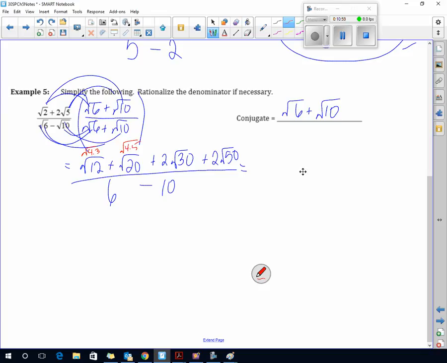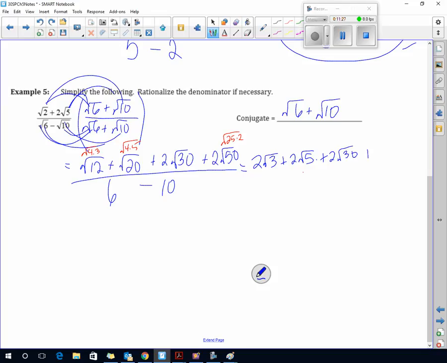So, 4 comes out, I get 2 root 3. 4 comes out, I get 2 root 5. Can't do anything with that, so plus 2 root 30. Plus 10 root 2, very good. And then over here I have a minus 4. Now how many people thought that was their final answer?